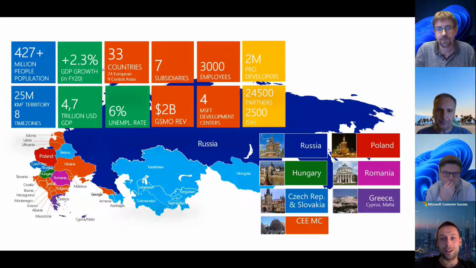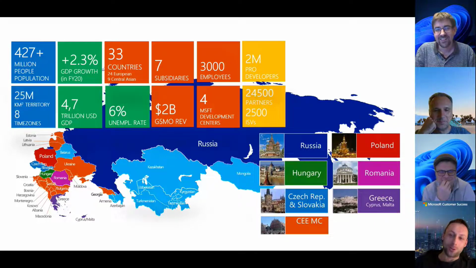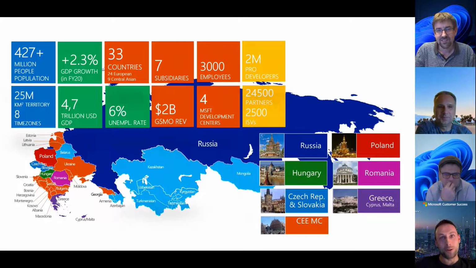I can mention one example. I was dealing with one customer from Mongolia, and when there was the first interaction, I was like, okay, more than happy to help you, but I think it should be my colleagues from Asia to help you with that project. And then I realized, no, Mongolia is still part of my territory. It was a little bit of a challenge from a time zone perspective, because it's I think plus 7 hours difference, and also maybe a little bit of a different mindset when it comes to cloud.